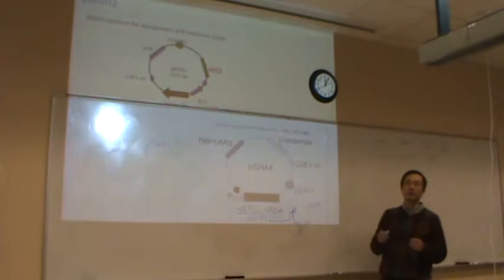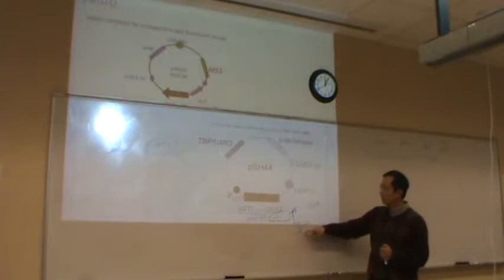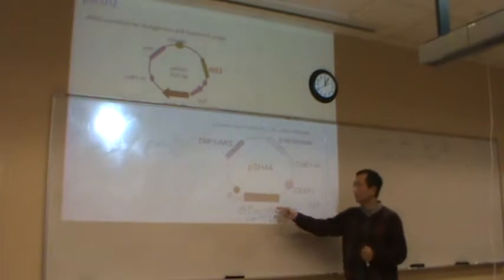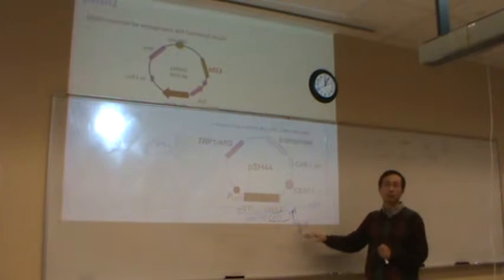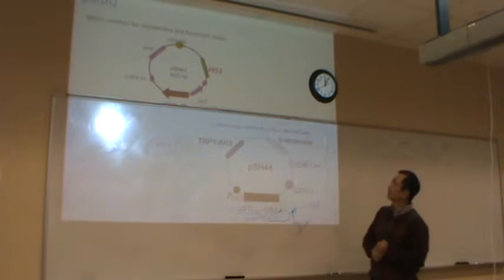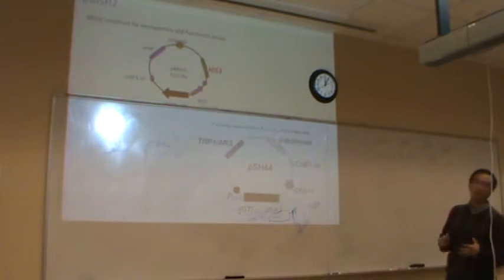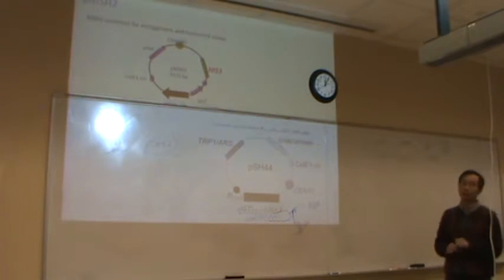In this case, it's just the opposite; it's a negative selection. FOA is going to kill the cell, but if URA3 is mutated, the cell won't be killed. So that's basically the idea.